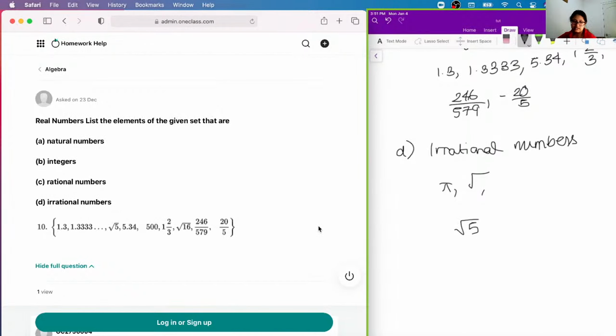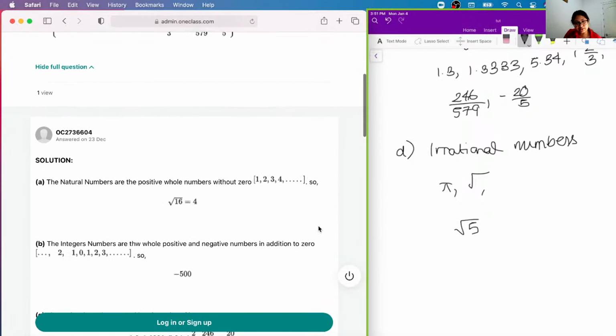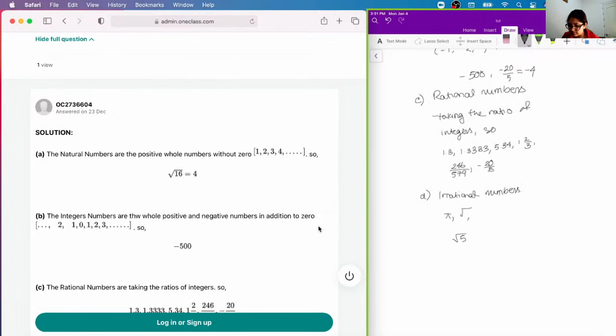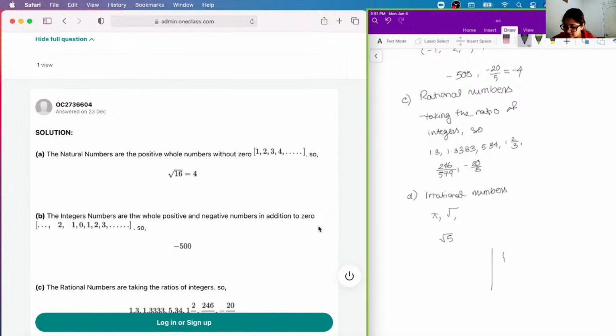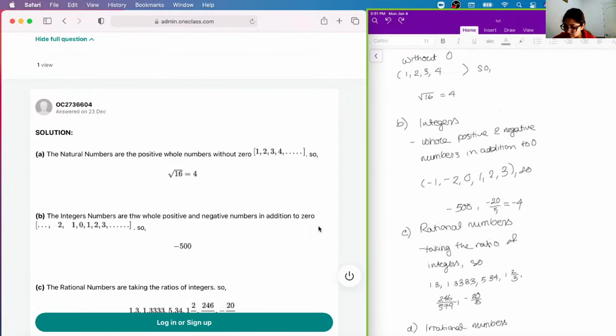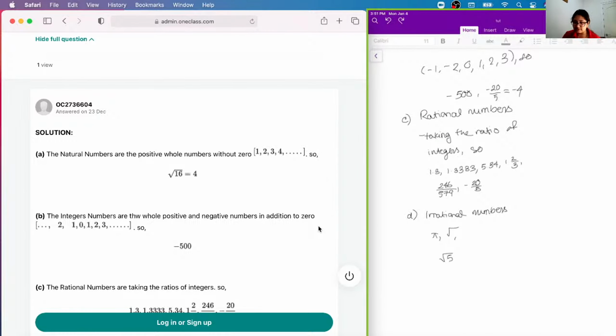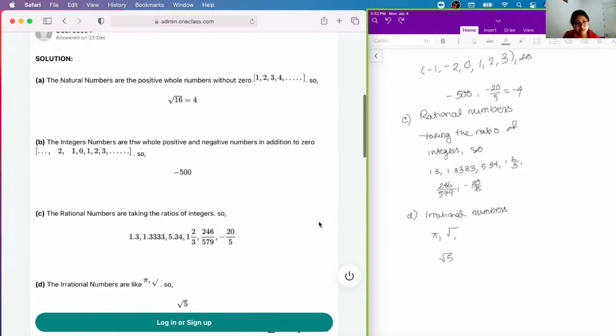Okay, and so this matches. Yeah, 4. I said it could be negative 4 as well.